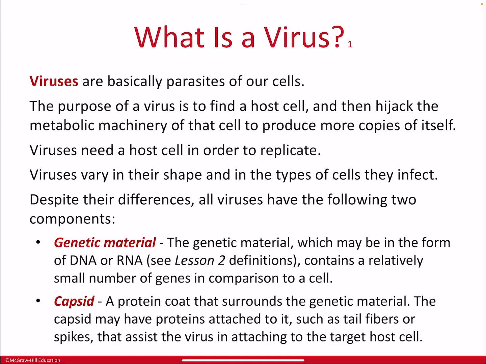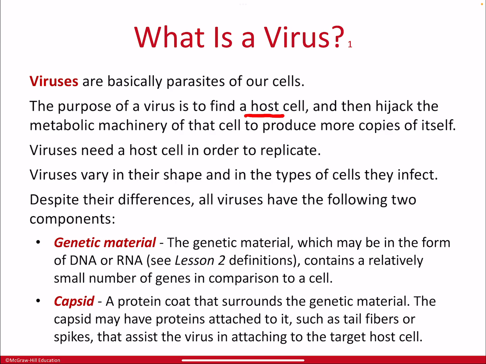So viruses are basically parasites of our cells. Viruses are pretty simple things. They generally have some coat around them and a piece of DNA. But what a virus has to do is, it can't reproduce on its own. All right? It has to find some host cell somewhere.